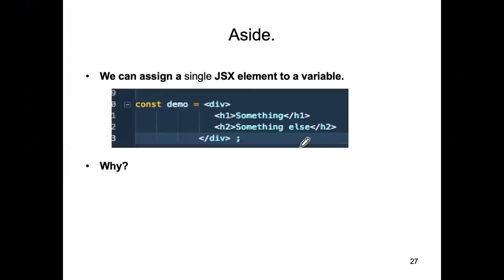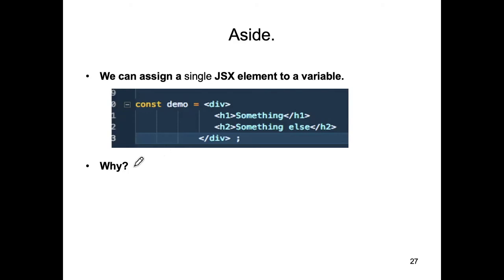We'll go off on a tangent for a second in order to demonstrate the next example. What I'm posing here is that it's valid in a component function to assign some JSX to a variable. That's a valid assignment statement. And I'm posing the question, how is that possible?